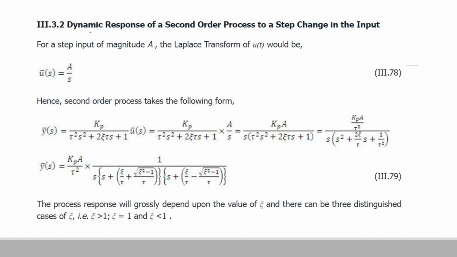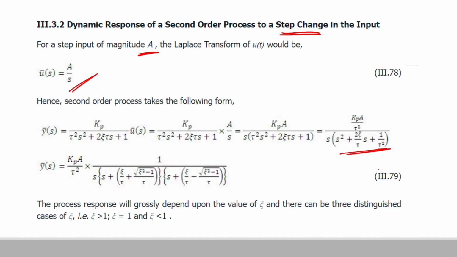So let's take a look at the dynamic response of a second order process to a step change in the input. Let's consider a step input of magnitude A, which can be represented by the term A upon s. To find the response, we multiply the transfer function by this input and we get this form.